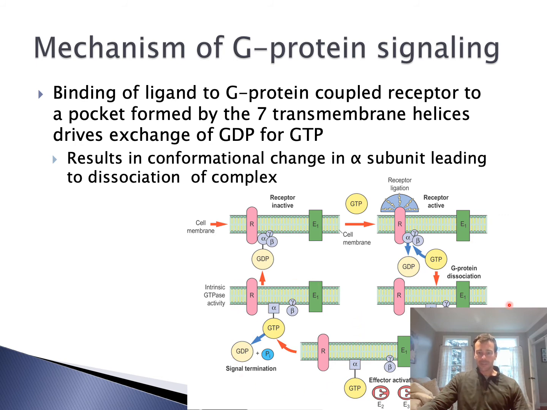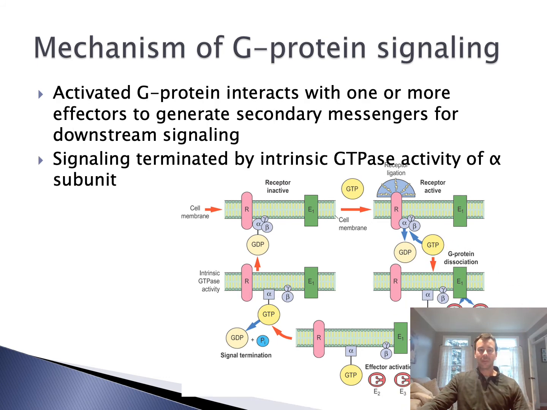So down here we have dissociation of the complex. The activated G protein then interacts with one or more effectors to generate secondary messengers for downstream signaling. And then ultimately the signaling is terminated by the intrinsic GTPase activity of the alpha subunit.